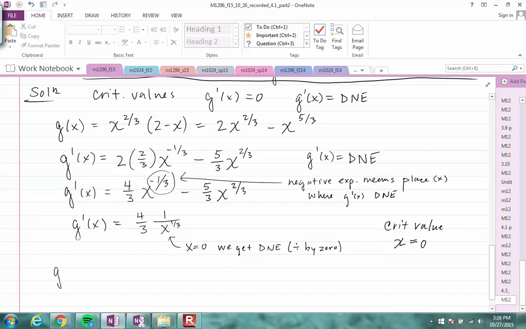So now let's address when g prime is equal to 0, because we might get some critical values out of that. So 4/3 times x to the negative 1/3 minus 5/3 x to the 2/3.